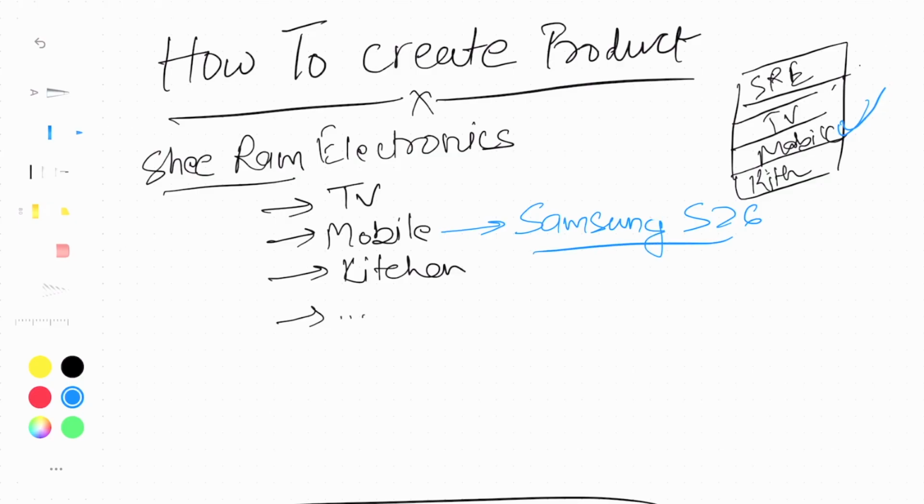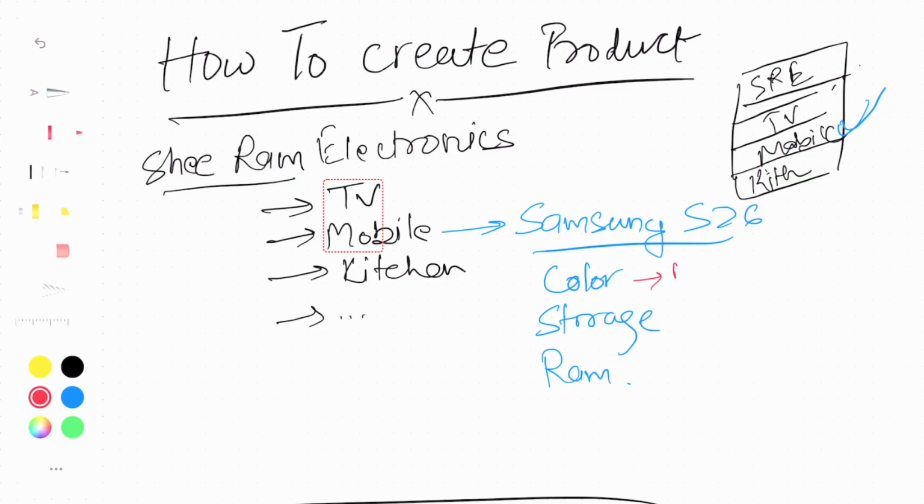Now, this Samsung S26 has different variants based on different attributes: color, storage, and RAM.